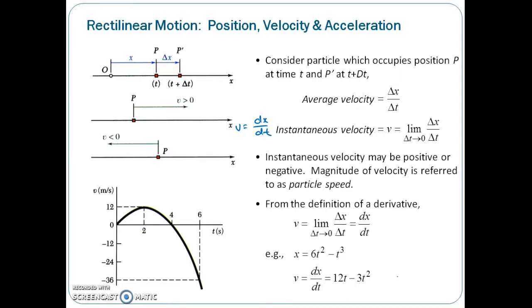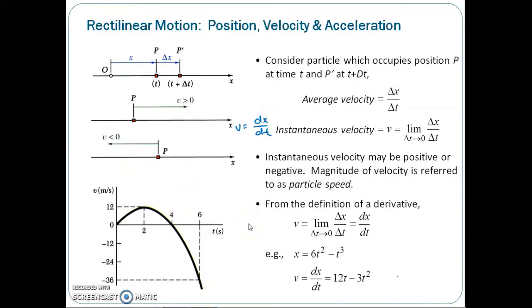A positive value of v, or instantaneous velocity, indicates that x increases. The particle moves in the positive direction. Whereas a negative value of v indicates that x decreases. The particle moves in the negative direction. The magnitude of v is known as the speed of the particle.